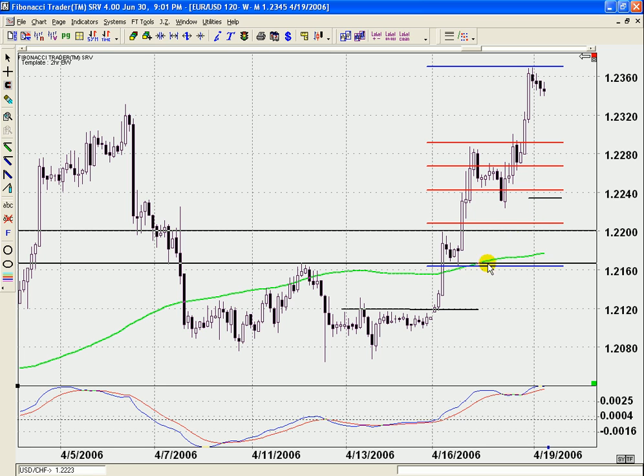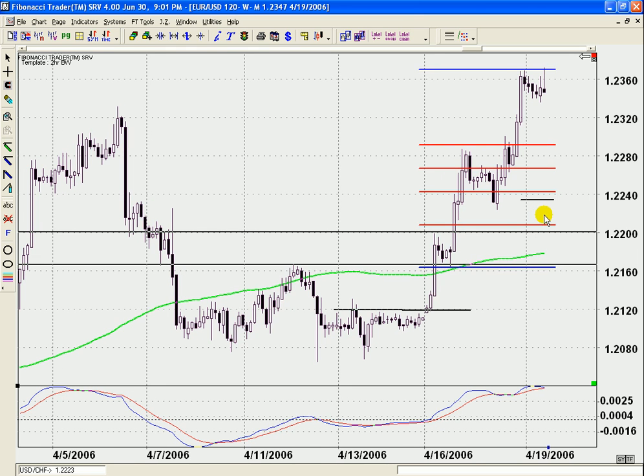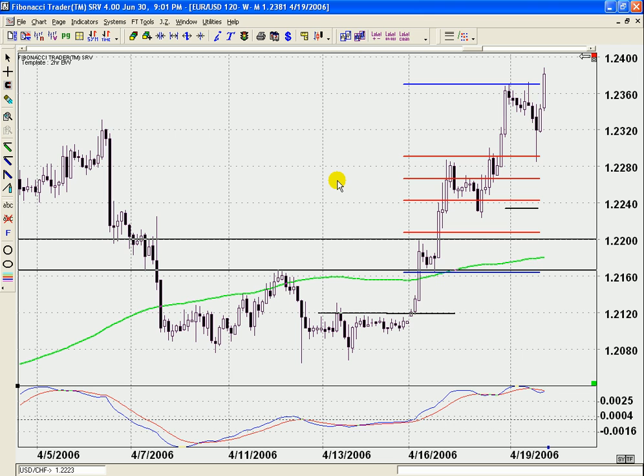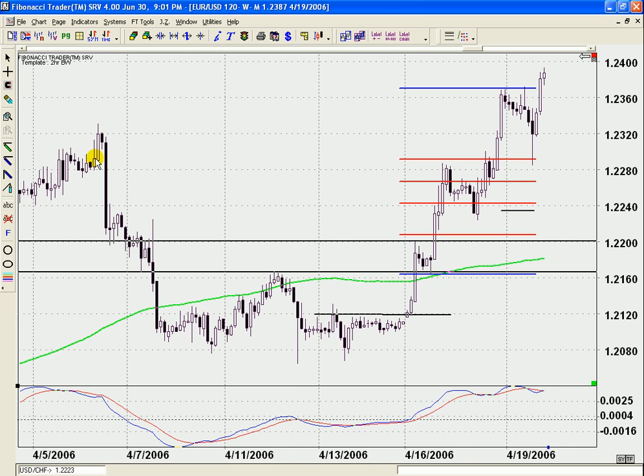Now this is assuming, of course, we've taken reasonable profit along the way here before 2200 and beyond, and we have maybe 10 or 20% of our position left. So we'll leave our stop down here below the 62% retracement. Price comes down to the last level of resistance and tests the 38% retracement.